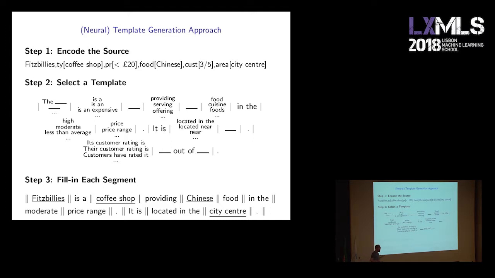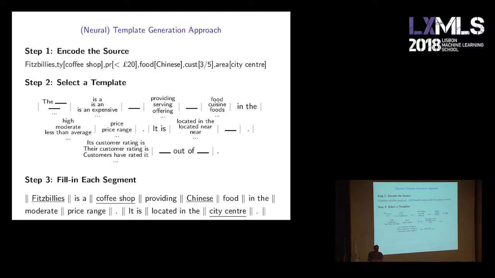They're going to be divided into segments. Each segment can consist of one or many possible phrases. A phrase will look like something like in the, or it is, or located in the. So they're not syntactic phrases. They're just kind of phrases we might substitute in. And they can also have holes. So here we have holes within some of these phrases, like blank out of blank.